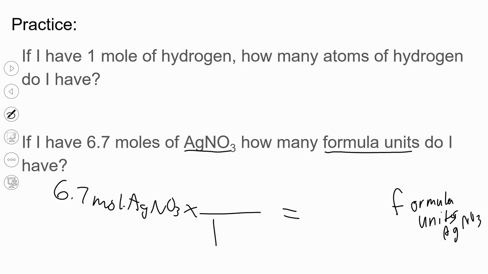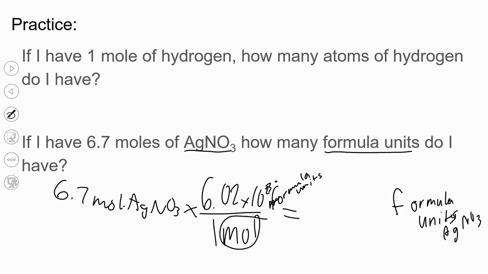So one always goes with mole for Avogadro's number. So 1 mole, and then 6.02 times 10 to the 23rd formula units goes on the top. Okay. So moles cancels. Moles of AgNO3. Then we'll end up with formula units.